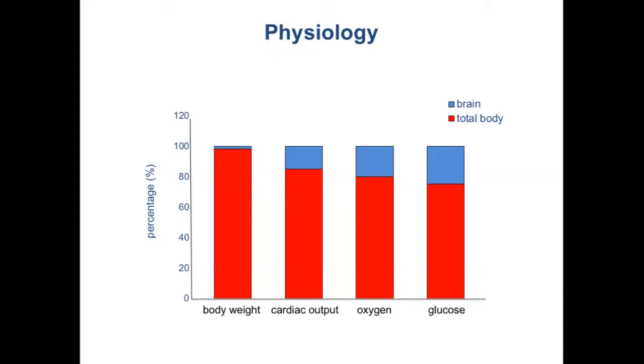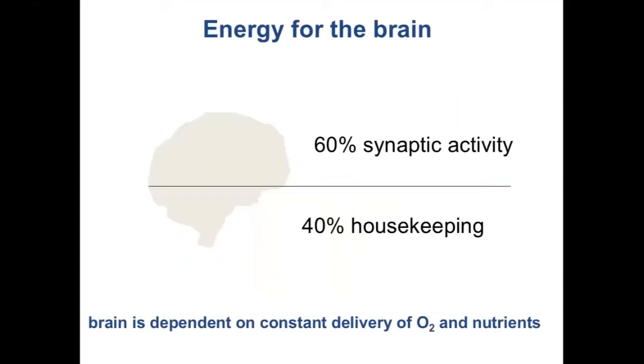So the brain requires mostly oxygen and glucose to produce energy. In physiologic conditions, the brain uses the energy mostly for neuronal communications, 60%, but also to produce transmitters and transport them within the neurons.